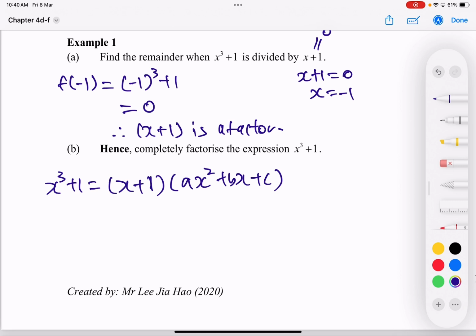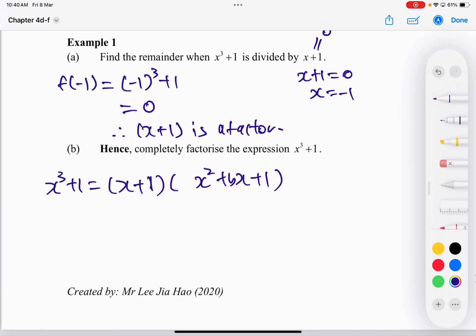What do you think the value of c must be? Just by looking, 1. Why? Because the only way for me to get 1 is I must take 1 times c, and c is equal to 1. I compare the left side with the right side. So immediately you don't really need to show any working because I think it's quite understood, right? Your a is 1 and your c is also 1.